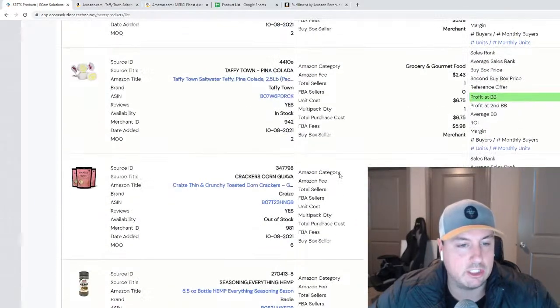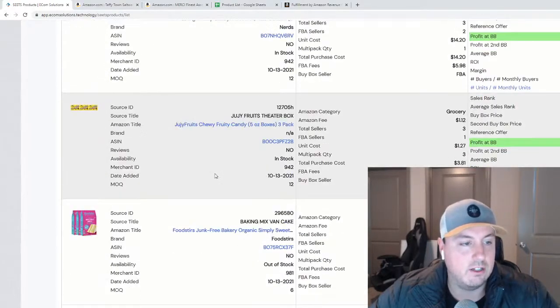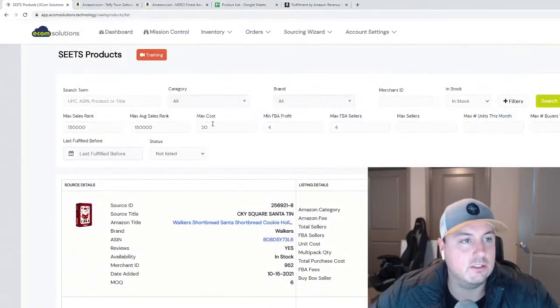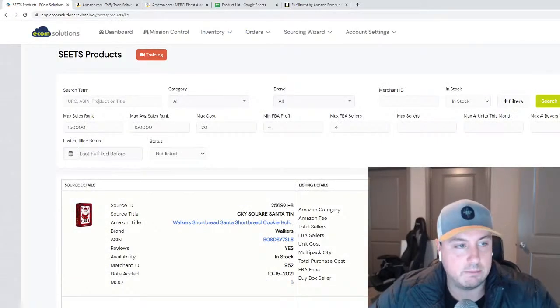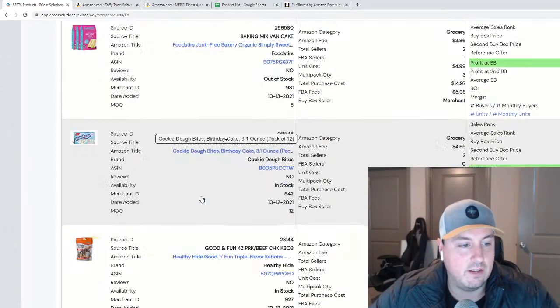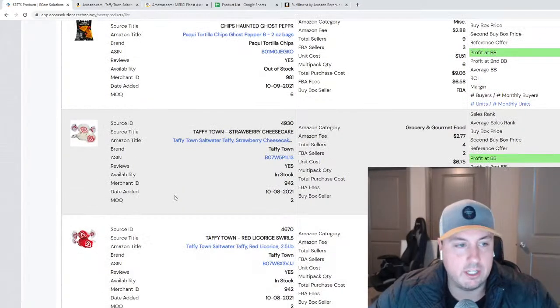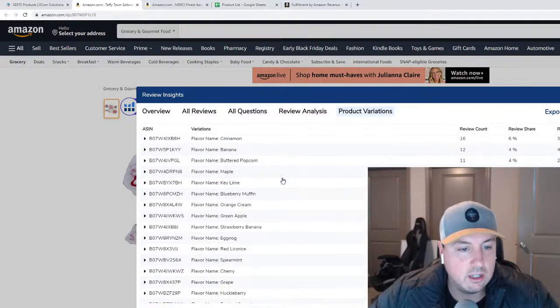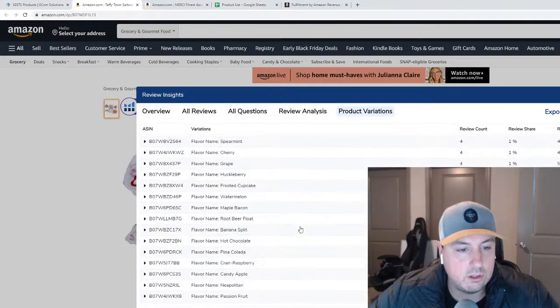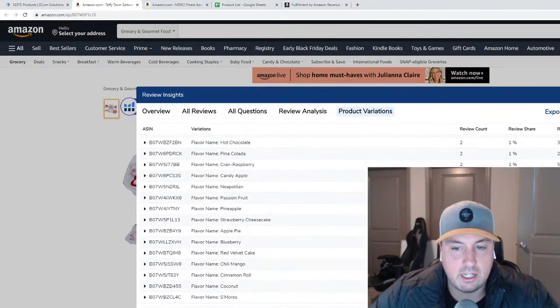And you can actually just search. I don't want to mess up my current search, so I don't want to look for it. But you can just paste the ASIN in there and see if they sell it. But this one here, the one that someone ordered, is the strawberry cheesecake variation. So if you go right here, this only gets 1% of the reviews.